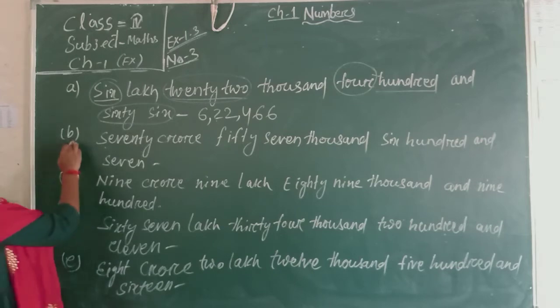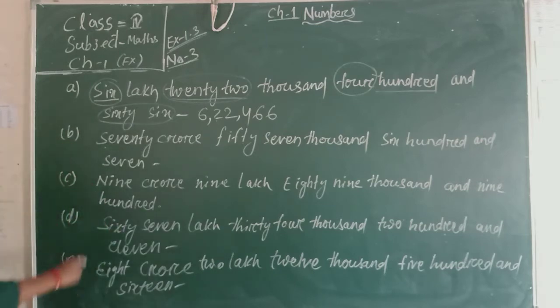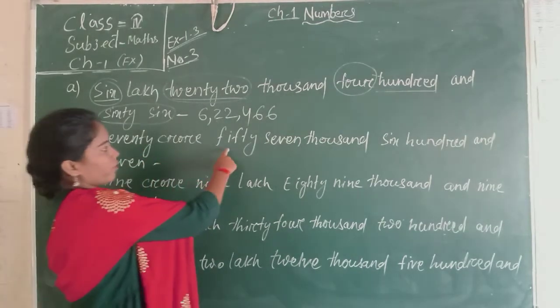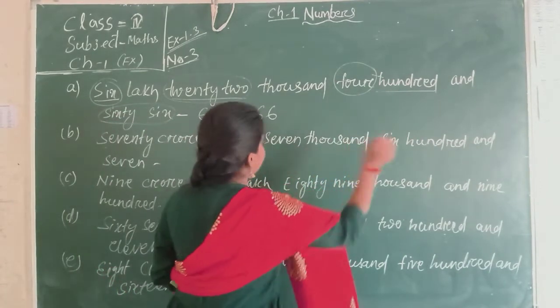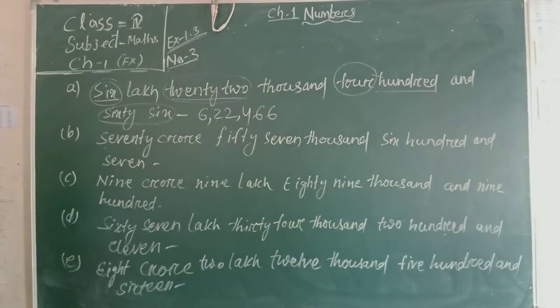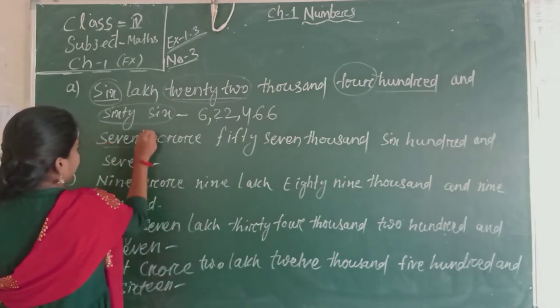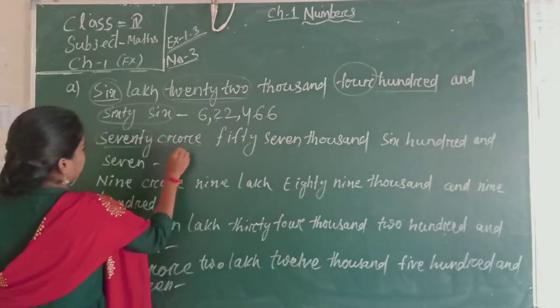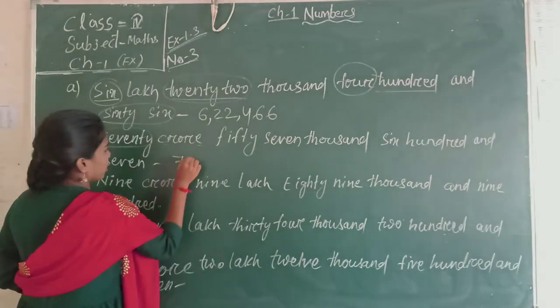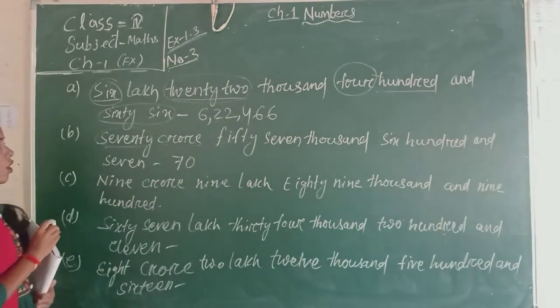Next come to the B number. Here the number name is 70 crore 57 thousand 607. Write here 70. Okay.